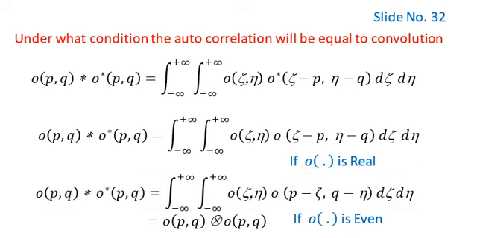The first condition is that our function O is real, and the second condition is that it is even. So if the function for which we are evaluating the autocorrelation or the convolution is real and even, then of course the autocorrelation of the function will be equal to the convolution of the function.